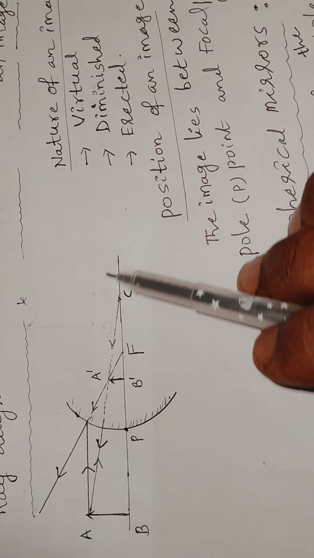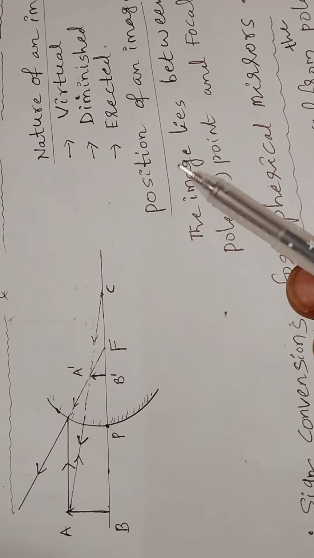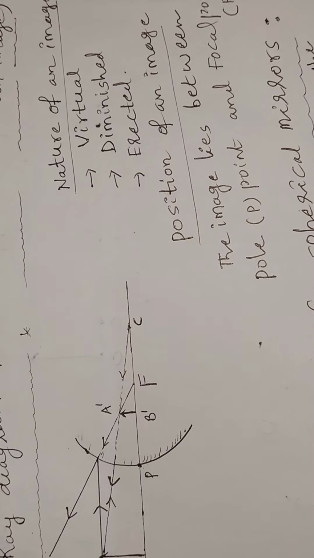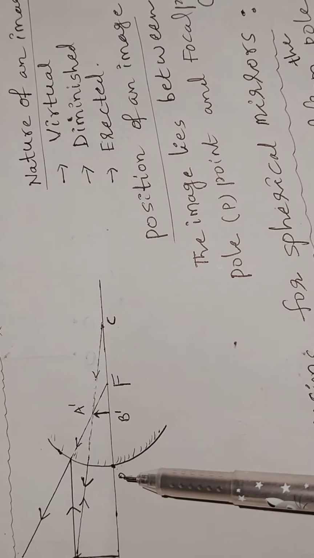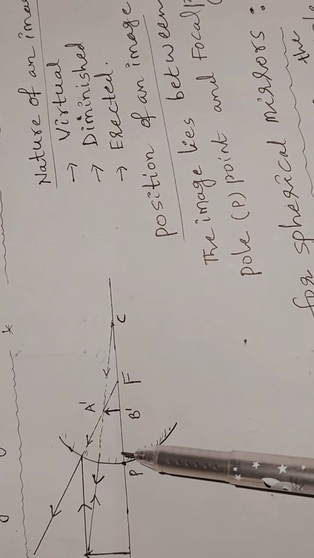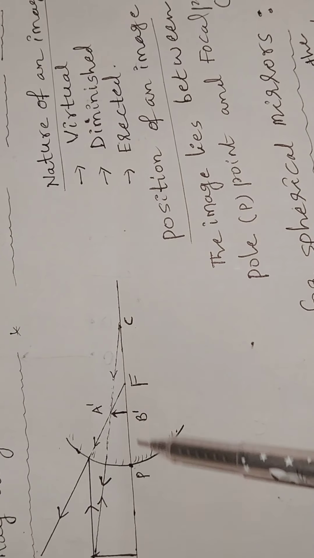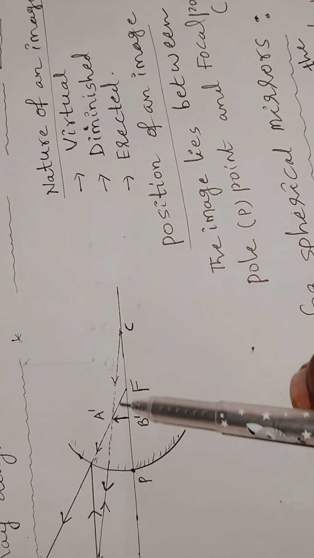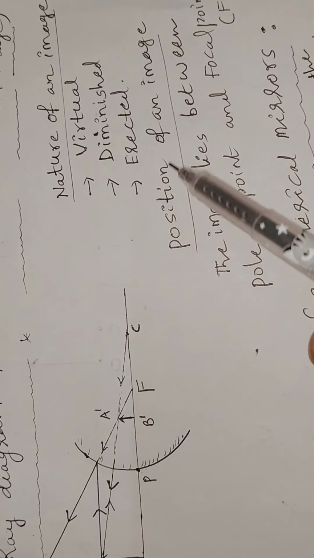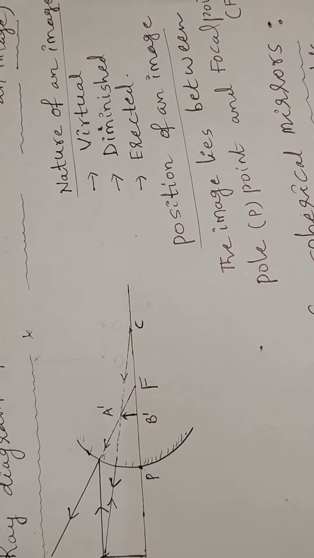That's why these distances are taken as positive. The ray is going in this direction, and we measure the focal length, radius of curvature, and image distance in this direction. That's why we take them as positive.